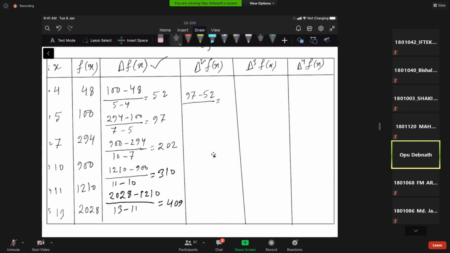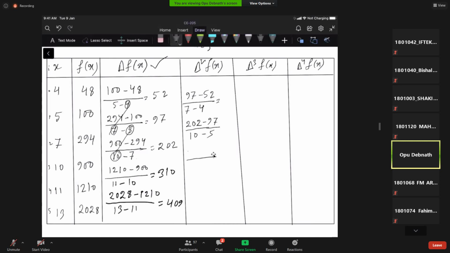These two are common, so you take this one minus this one. This is a simple technique: 7 minus 4. Next one, 202 minus 97 divided by, here 7 minus 5, 10 minus 7, so you take these two values, 10 and 5, that means 10 minus 5.